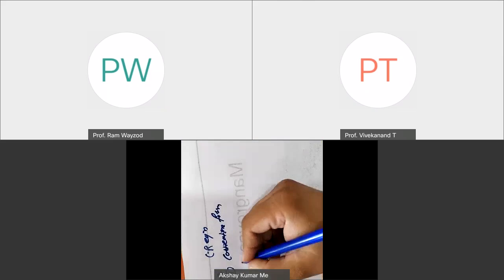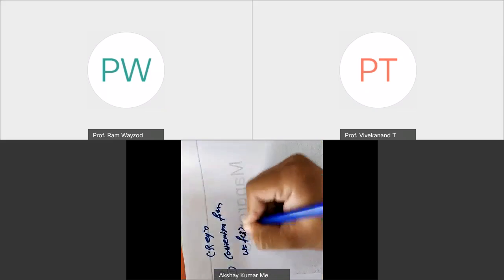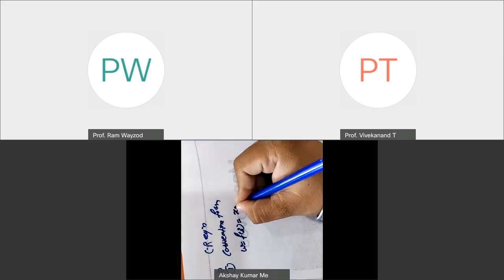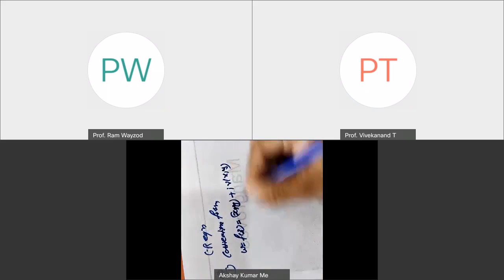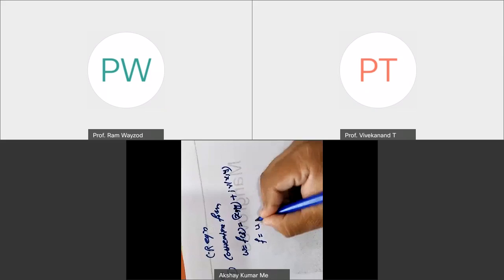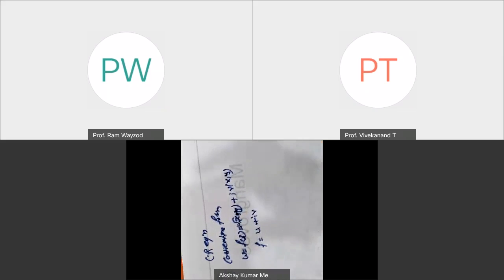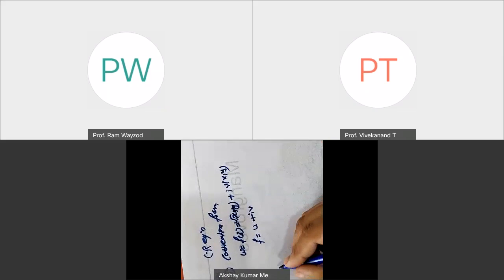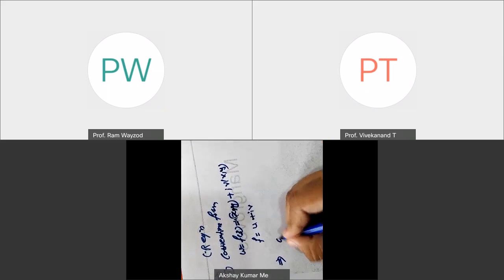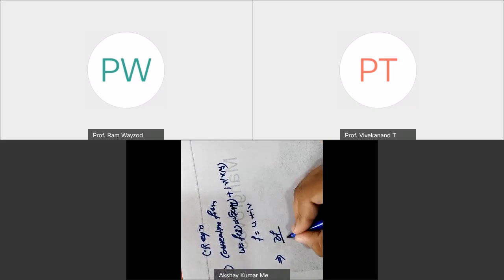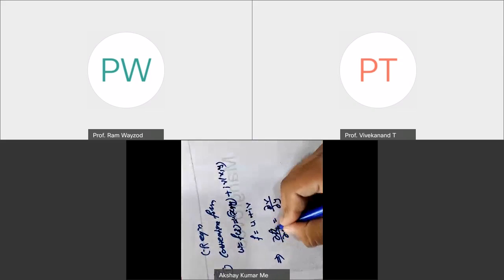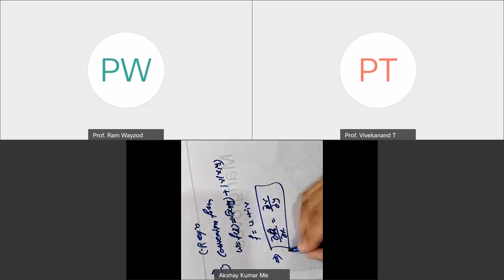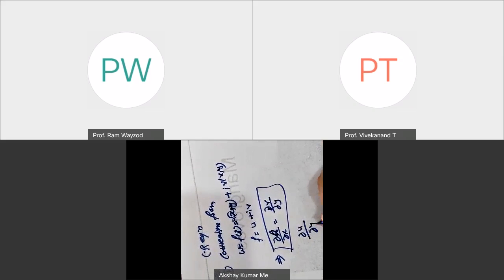For example, if f of z is equal to u of x, y plus i v of x, y, or simply f is equal to u plus iv, then we say the function is analytic if we partially differentiate with respect to x, del u by del x is equal to del v by del y. This is first. Second, del u by del y.